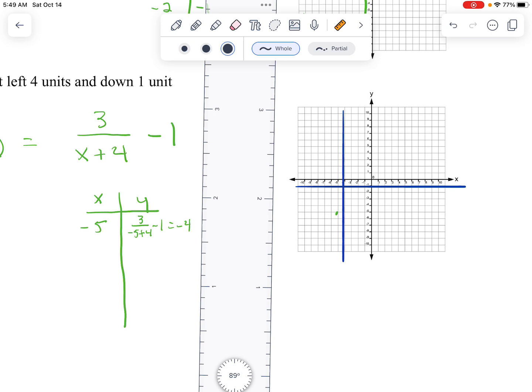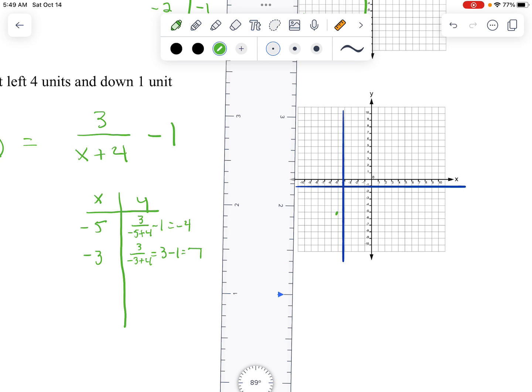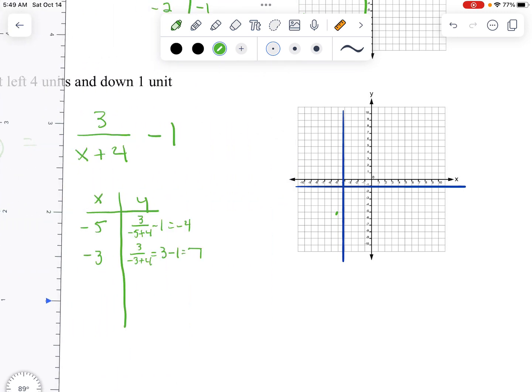And then if I would graph on the other side, -3, I have 3 over negative 3 plus 4, which is 3 minus 1, which is 2. Let me get the ruler out of the way.